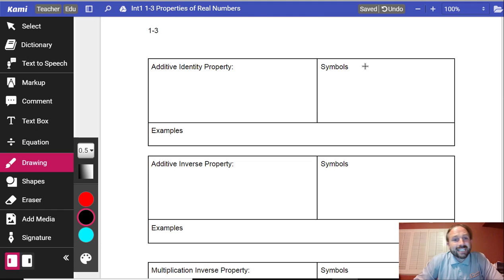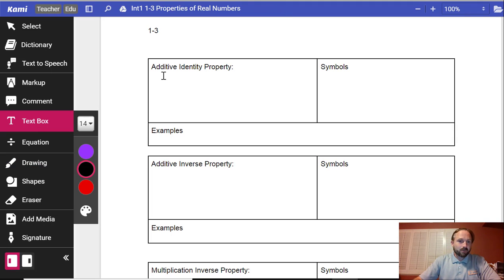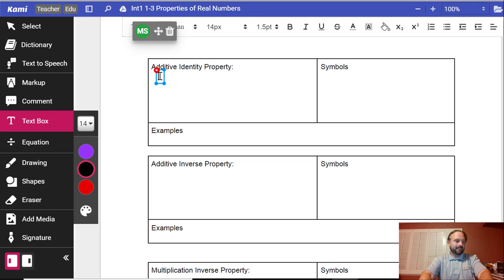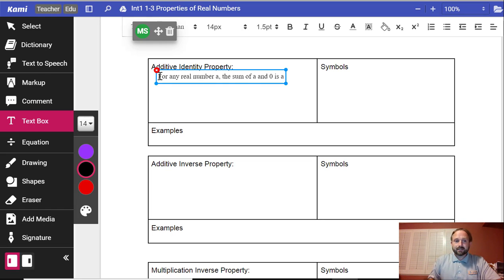We're going to be talking about the additive identity property and the additive inverse property. All right, the additive identity property is going to be where, for any real number A, the sum of A and 0 is A. Okay, well, what does the symbol look like?